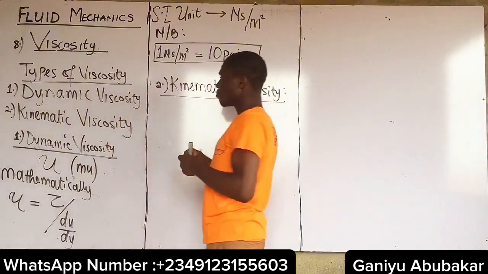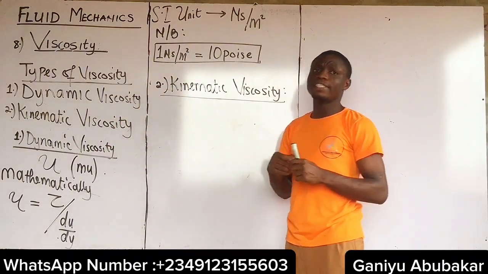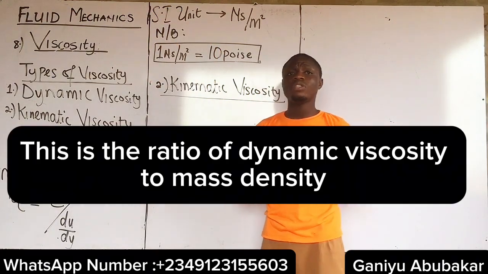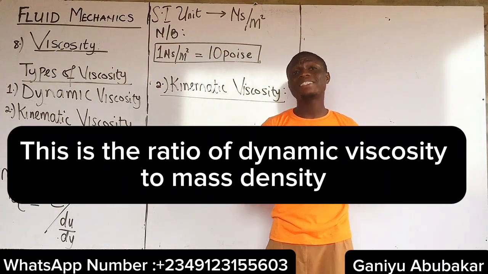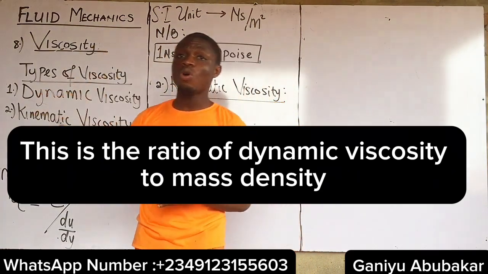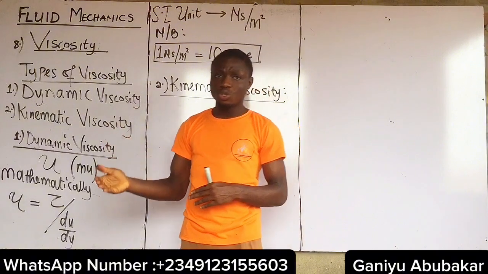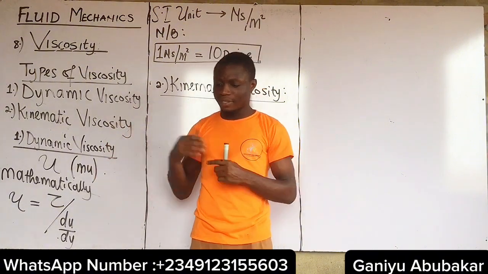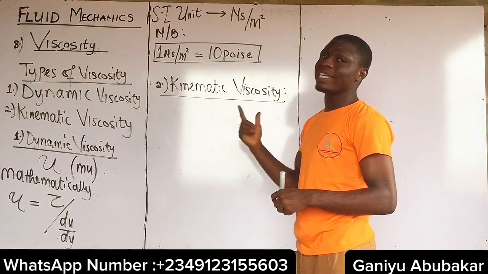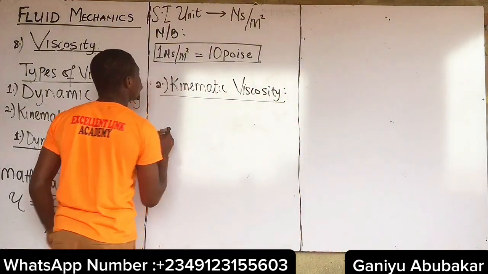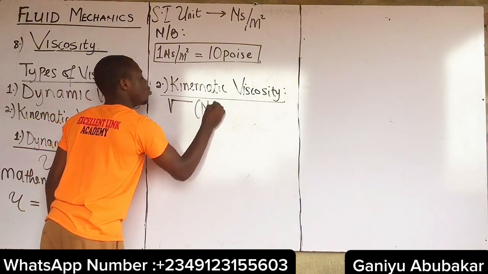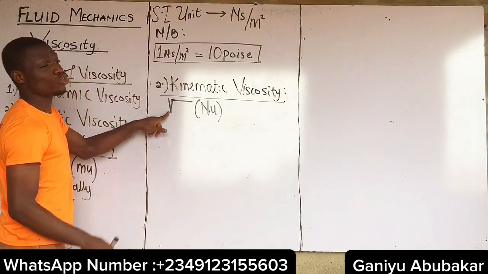By definition, kinematic viscosity is simply the ratio of dynamic viscosity to mass density. Mathematically, before that, it is represented by a Greek symbol called nu. Look carefully, please. This is not a square root.